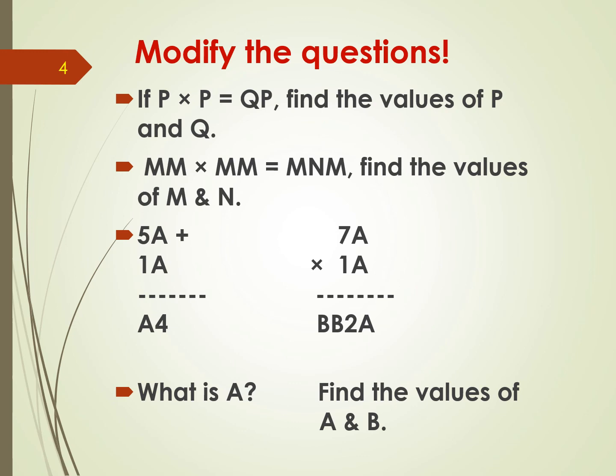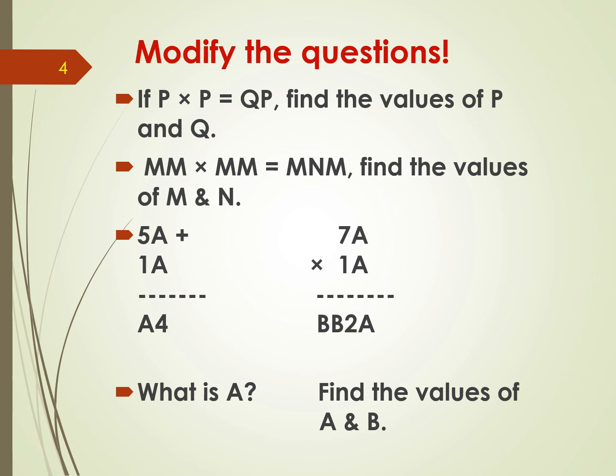They can come up with 5 times 5 is equal to 25, but there is one more solution for this question. So they have to think again, what is the other solution? Similarly, MM times MM is equal to M and M. They can think and get the answer.